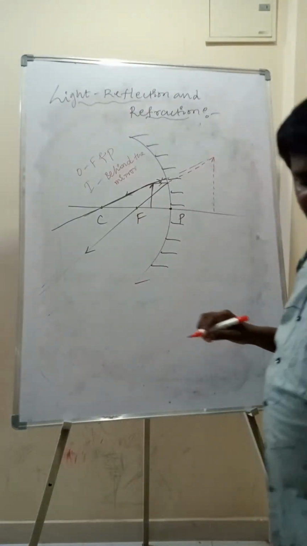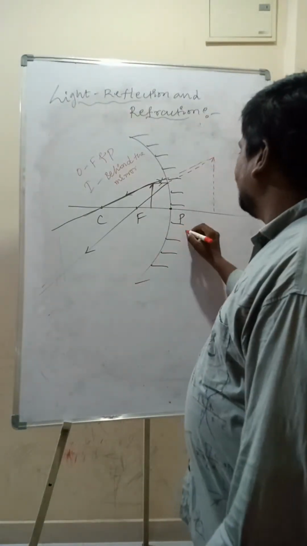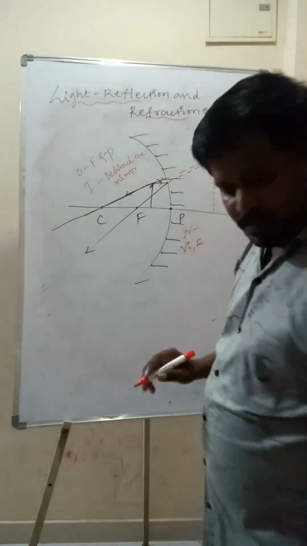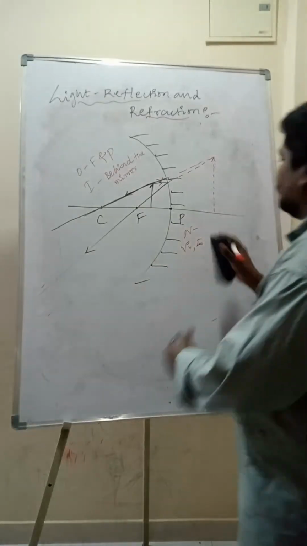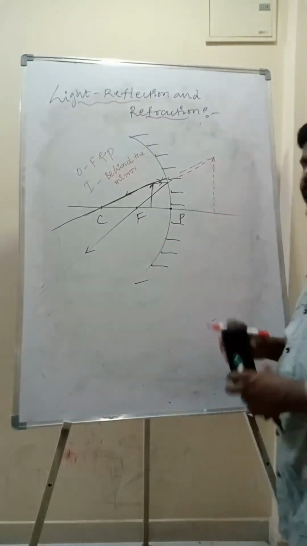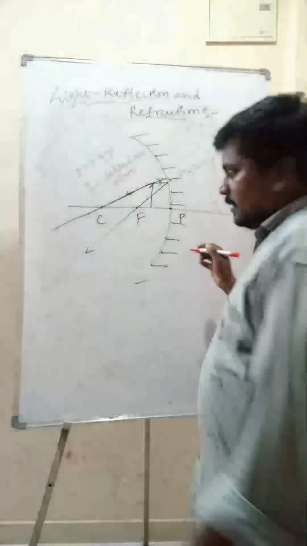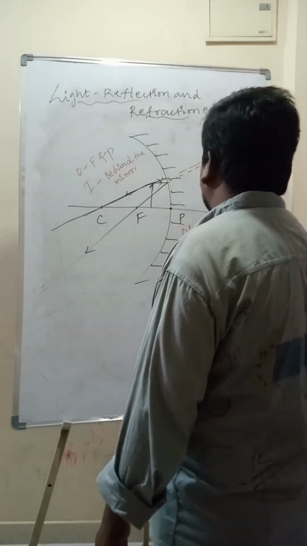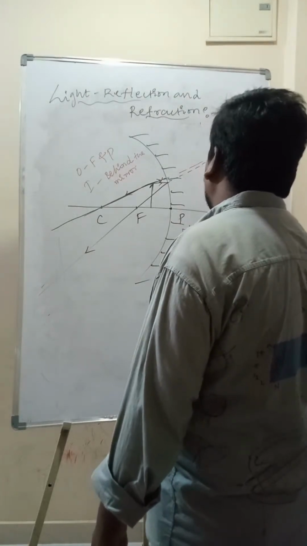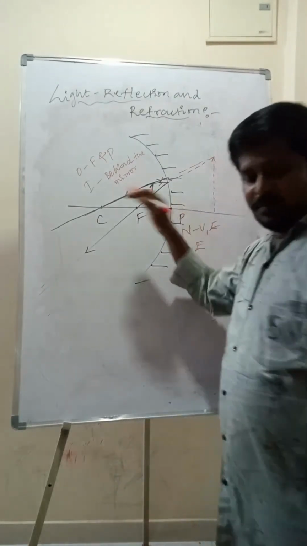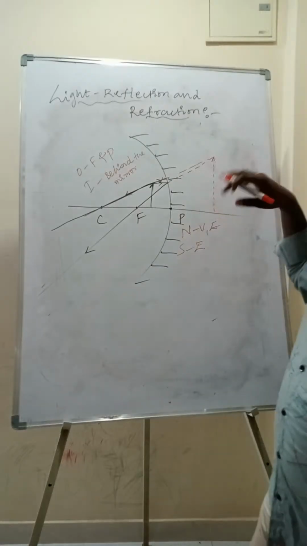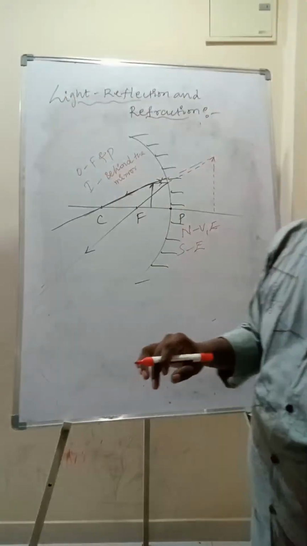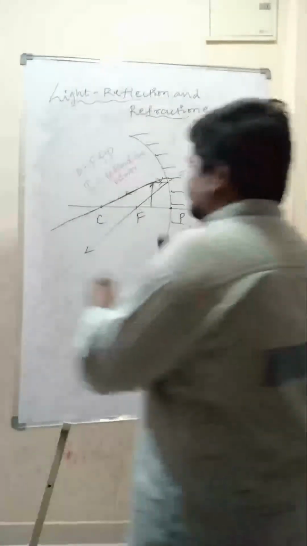Nature is virtual, erect, and the size of the image is enlarged. Compared to the object, image size is increased. So this is about image formations of concave mirror.